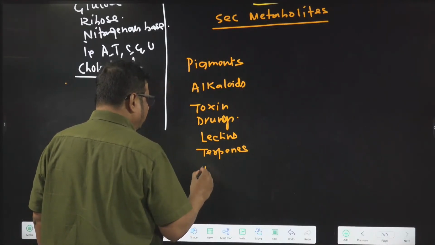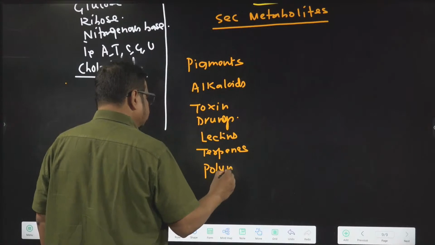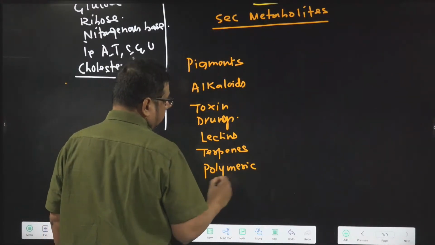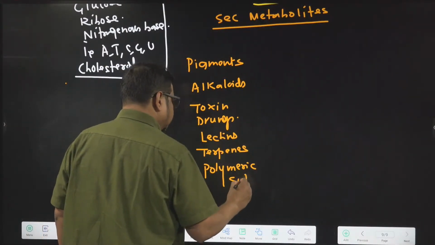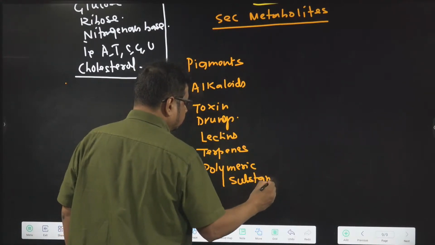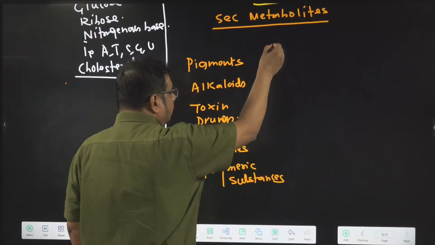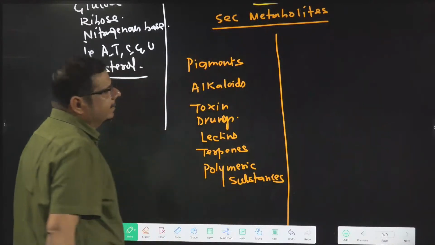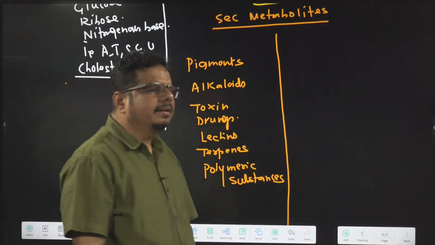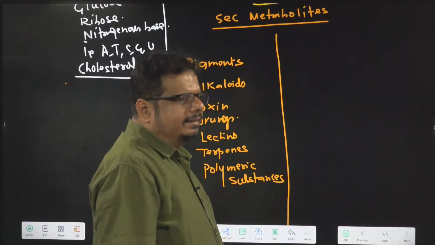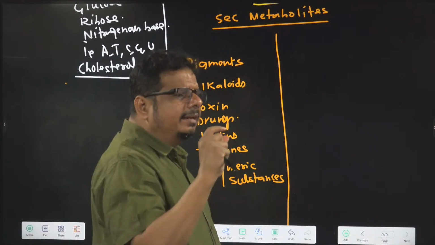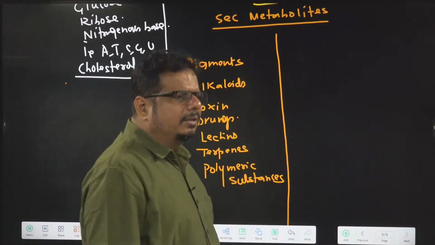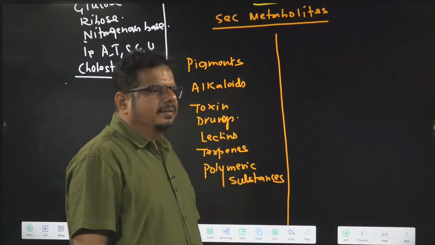After that you can say polymeric substances. So these are some of the list of secondary metabolites present in organisms other than animals. It's not necessary that in each organism every secondary metabolite is present. Getting the things or not?